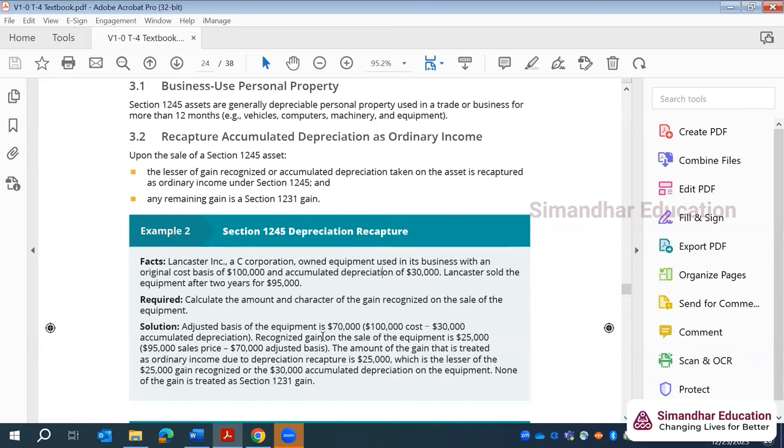Now, in the same example, if I change the sale price to $105,000 instead of $95,000, then how much will be my section 1245 gain and how much will be my section 1231 gain? If I change the sale price to $105,000, how much am I selling over and above the cost of the original price of the asset?